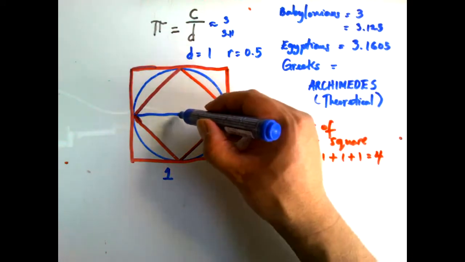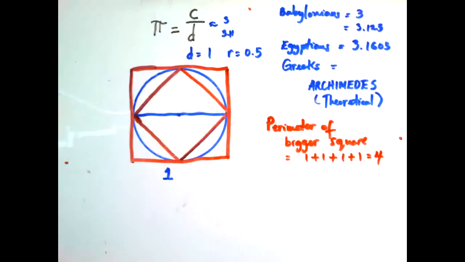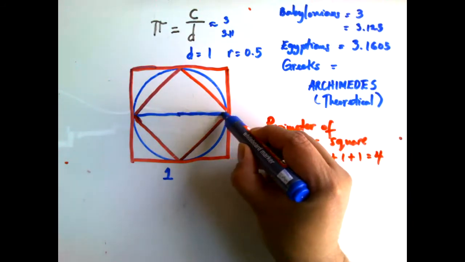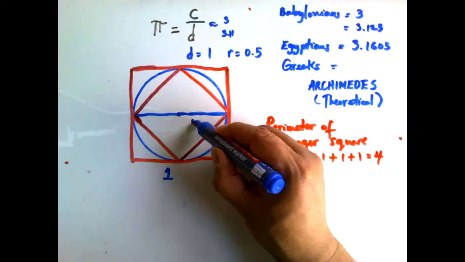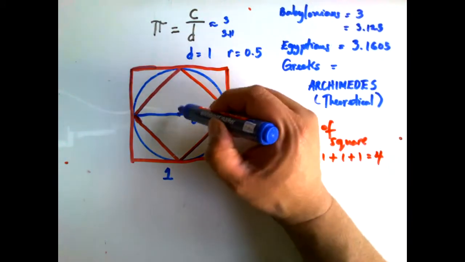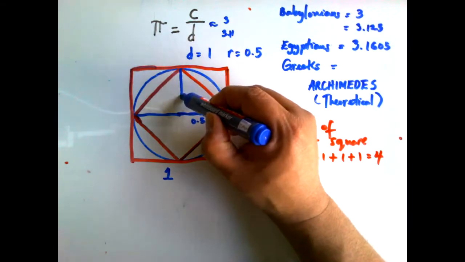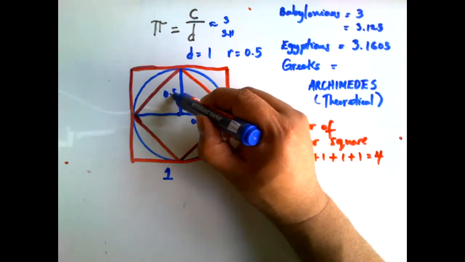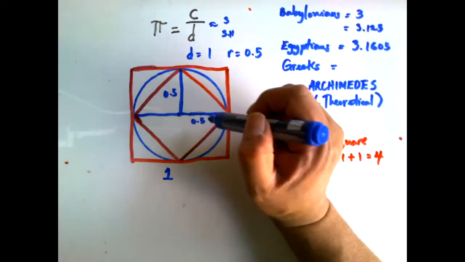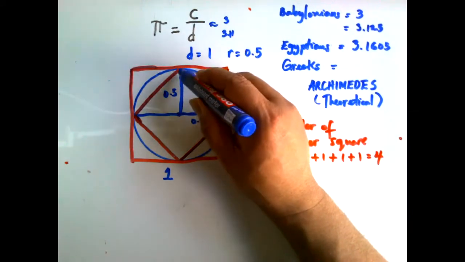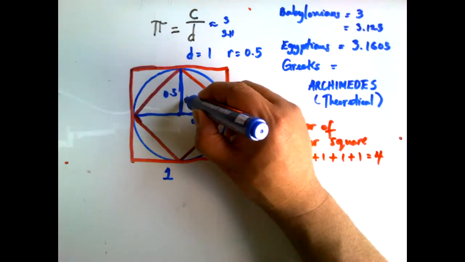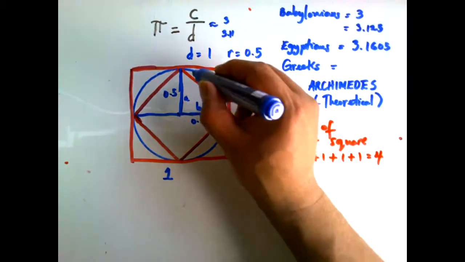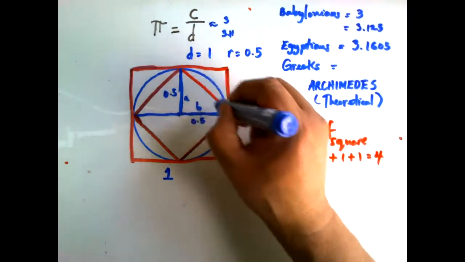Yes. So basically from here to here, that's the radius, which is 0.5. But we can also say that from here to here, that's also the radius, and that's also 0.5. Now let's name these lines. Let's name this radius here as A. And let's name this radius here as B. And let's name the long line here as C.